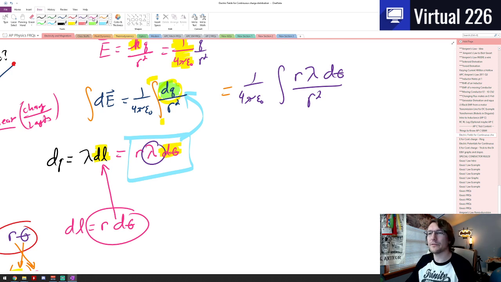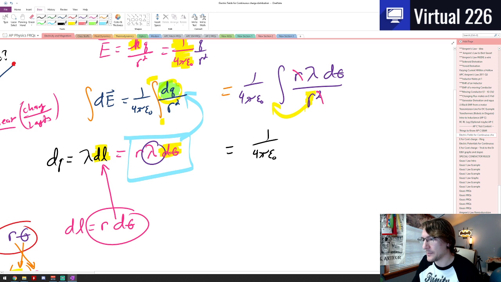And we get a few nice things out of this. We see one of the r's goes away. And since this r is a constant, we can pull that r out, so this will now become 1 over 4 pi epsilon naught r times the integral of lambda d theta.